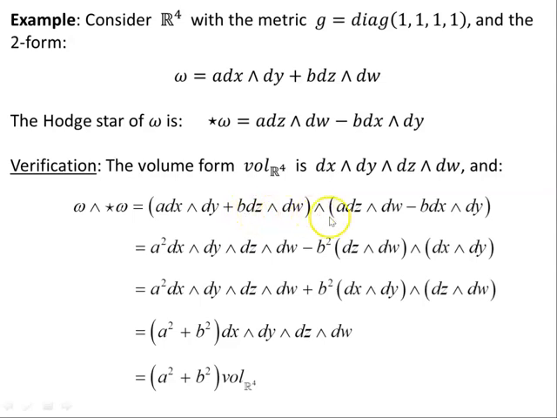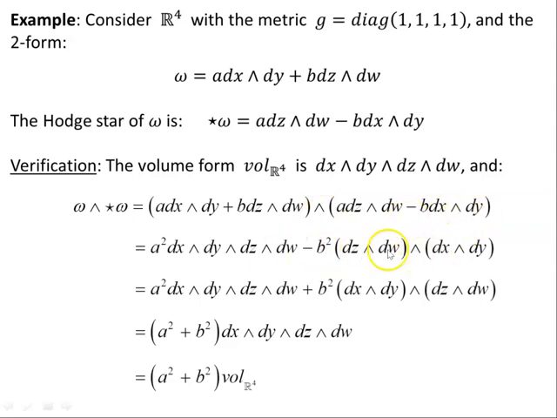Then b dz wedge dw wedged with a dz wedge dw, again no point. dz with dz is 0, dw with dw is 0. I haven't even put zeros in here, just to save space. The terms that result in 0, I've not shown here. And the only other non-zero one will then be b dz wedge dw wedged with b dx wedge dy, and the minus out front.